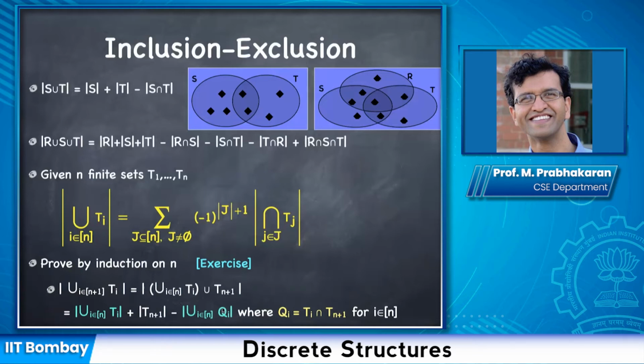And now both of these things highlighted here are a union of n elements. You can use the inductive hypothesis and expand it according to this formula. And if you look at what kind of subsets are getting used here, these are all subsets of n plus 1 which do not have n plus 1. And these 2 would be subsets of n plus 1 which would include n plus 1.